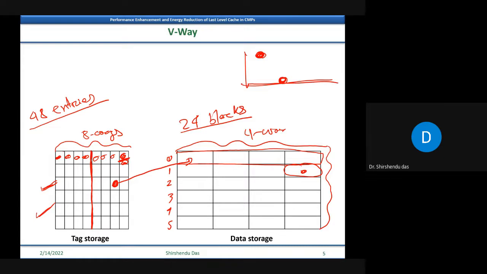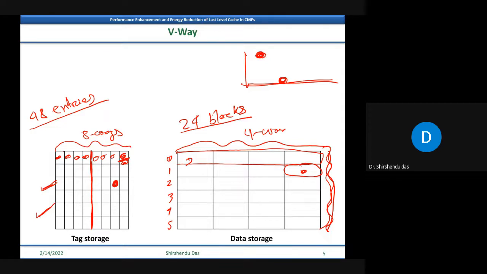Whenever we want to place a block, we first check in the tag part, and if there is a free space, we will place it there. And suppose this data part is now full, so there should be some replacement policy in the data part also, which will replace a particular block, and in place of that block we can place a new block.